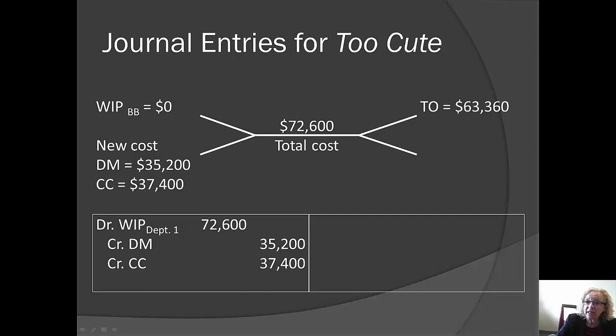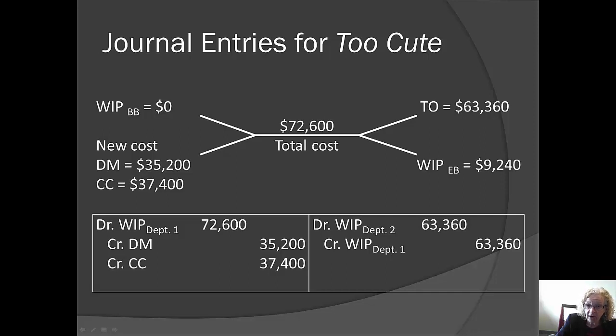We figured out that $63,360 worth was associated with units that were completed and were transferred out. The journal entry to record that would be debit, increase work in process in the next department, the finishing department, and credit, decrease the work in process in this department, the molding department.